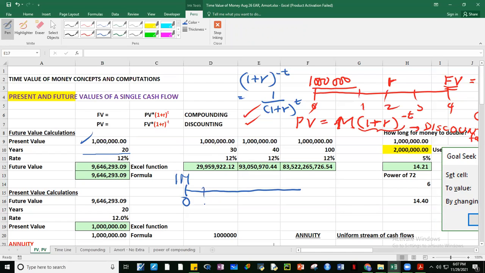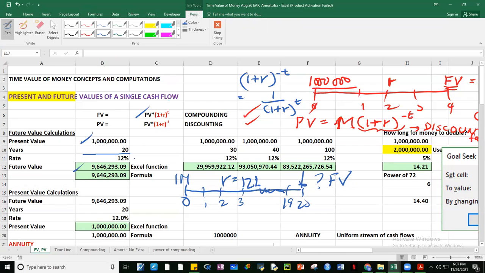So the question is, how much will this be after 20 years? That's the question. We're asked for the future value, given that the rate r is equal to 12%. Okay, so using this formula, we get a value of 9,646,293, or in Excel.